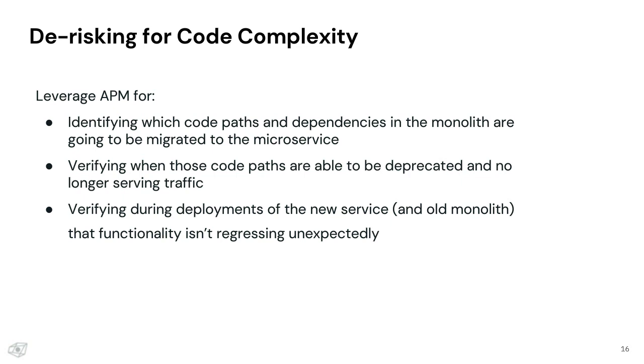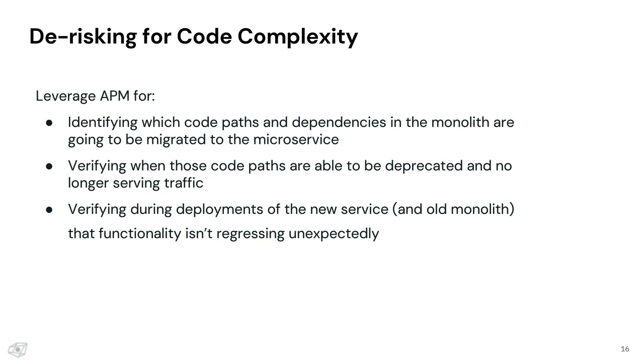Accounting for some of these code paths can be pretty difficult, and this is where tracing really comes in handy, because it helps you visualize in your monolith which code paths are going where and helps you see any ones that you missed. Because we're separating all of that functionality out, we don't want to miss anything and cause failures.